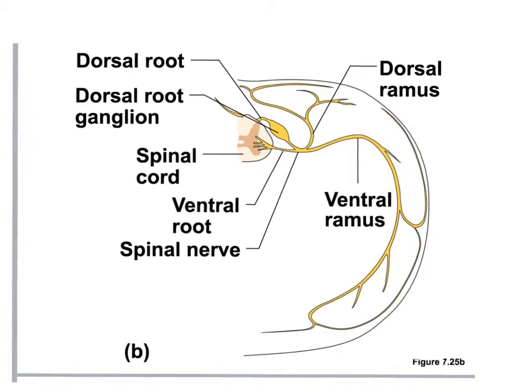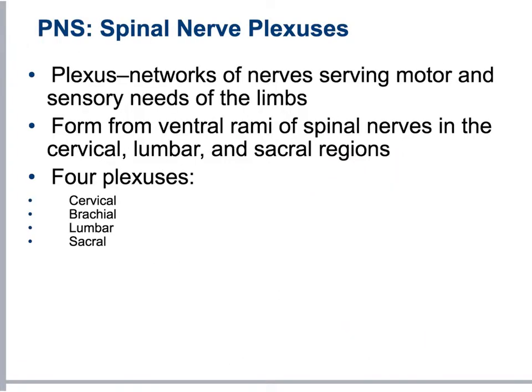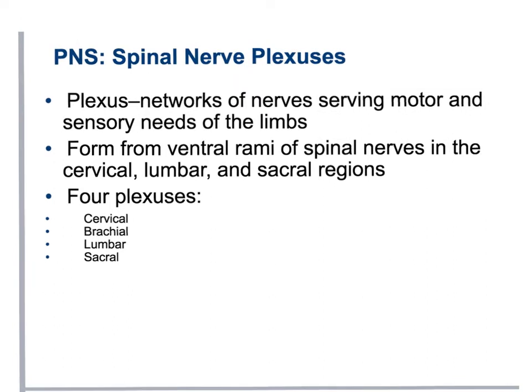It's pretty short, stays here in the dorsal area, the skin and back, but the ventral or the anterior ramus goes out and has to extend all the way out, right? At this point, it's not showing the plexuses, but just giving you an idea of the complexity of the ramus on the anterior.